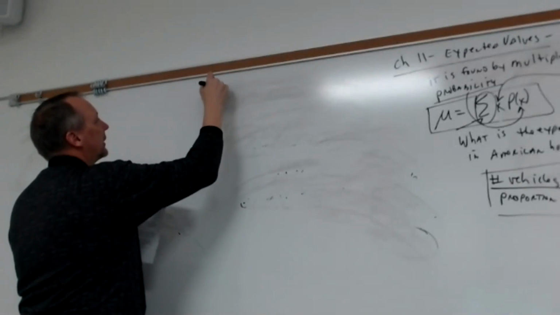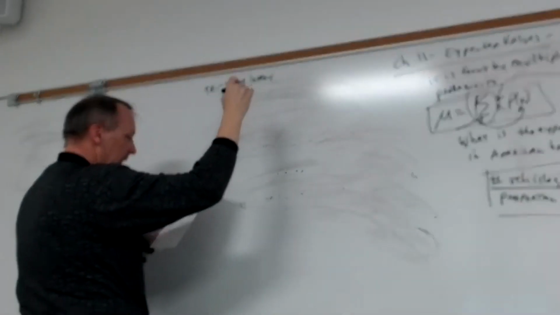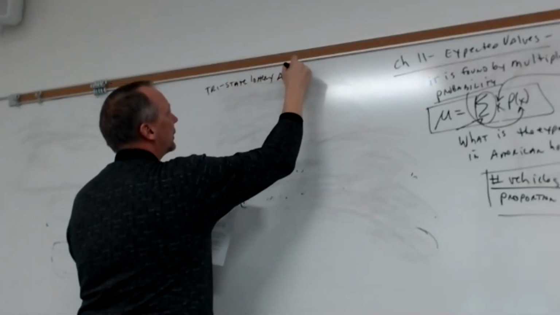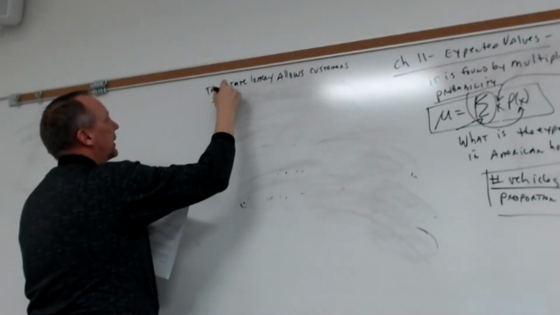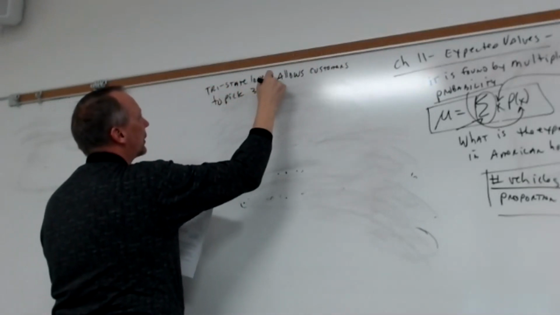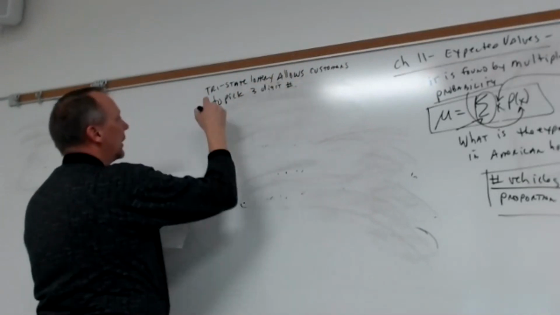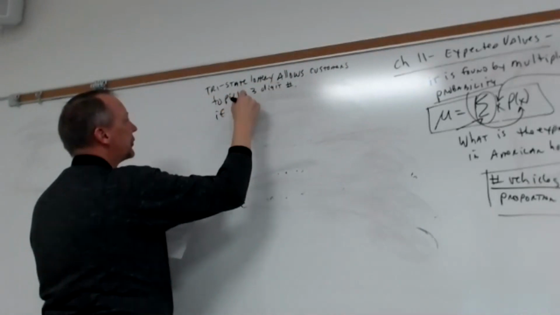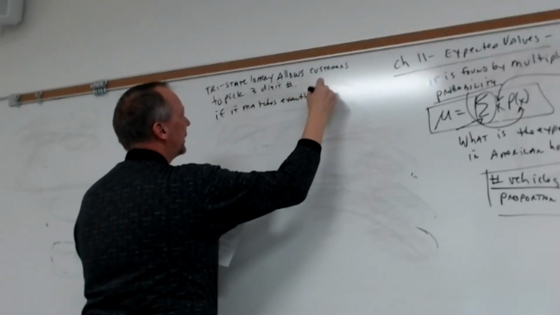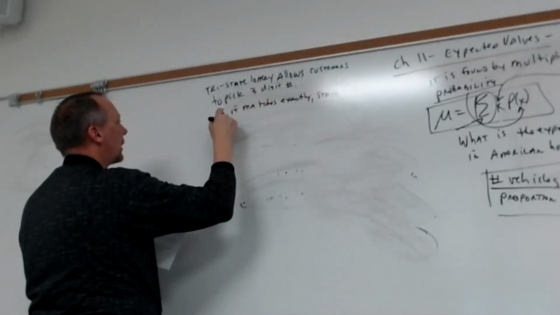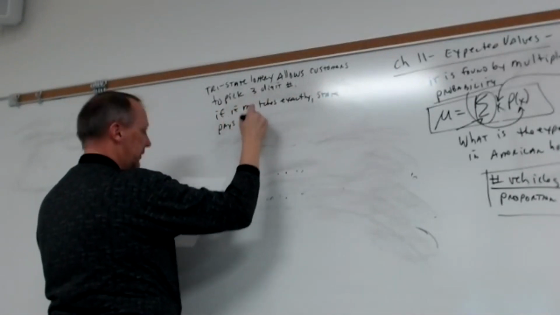This is good because now we start throwing probability at you, okay? A tri-state lottery allows customers to pick a 3-digit number. If it matches exactly, the state pays $292.